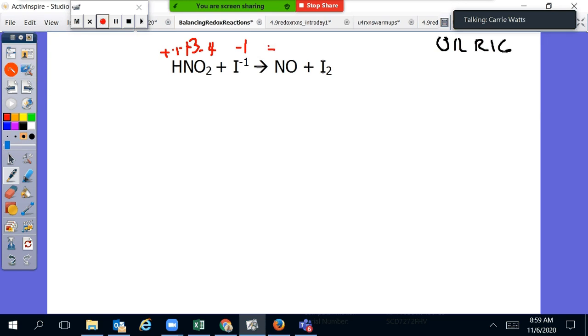Nitrogen here is going to be +2 because this is -2. And then the I is 0. Okay, so the next thing we do is we look at what changed. Don't worry about oxidation or reduction, but it looks like the nitrogen went from +3 to +2, so that's definitely a change. And it looks like the I went from -1 to 0, so that's definitely a change.